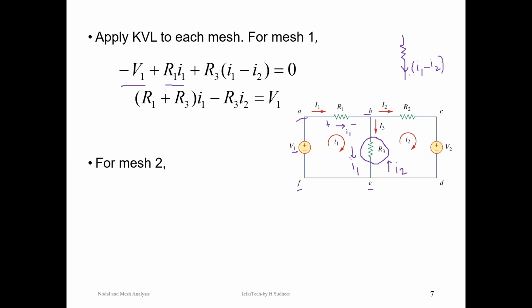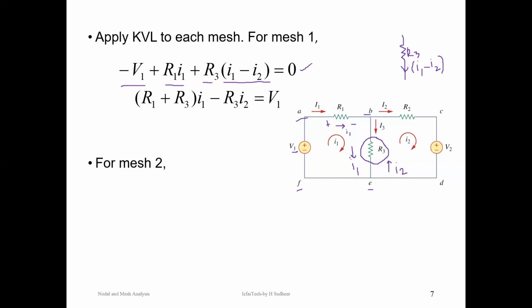We are thinking that I1 is greater than I2, so the resultant current is in downward direction. So R3 into the resultant current I1 minus I2. I1 is the first mesh, I2 is the current flowing in opposite direction. R3 into I1 minus I2 is equal to 0.